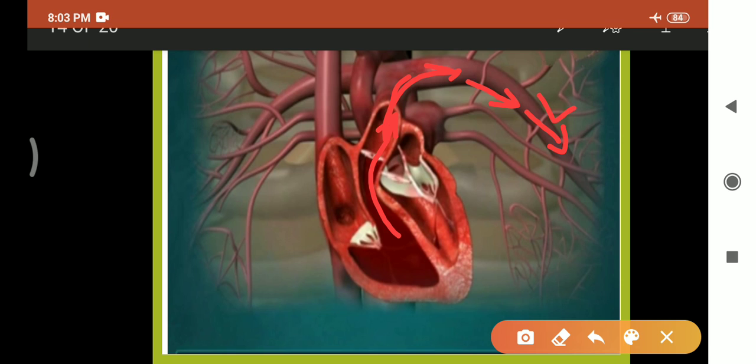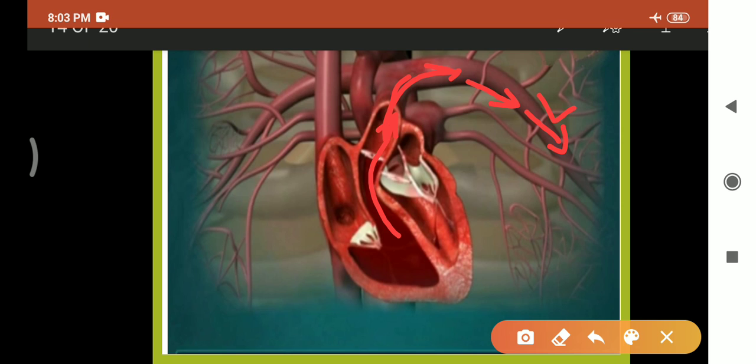When the blood reaches the lungs, which have oxygen, this oxygen is carried by the RBCs and the blood becomes oxygenated, right? So which vessel carries blood from the right ventricle? The pulmonary artery takes this blood, and that blood is transferred to the lungs for oxygenation.